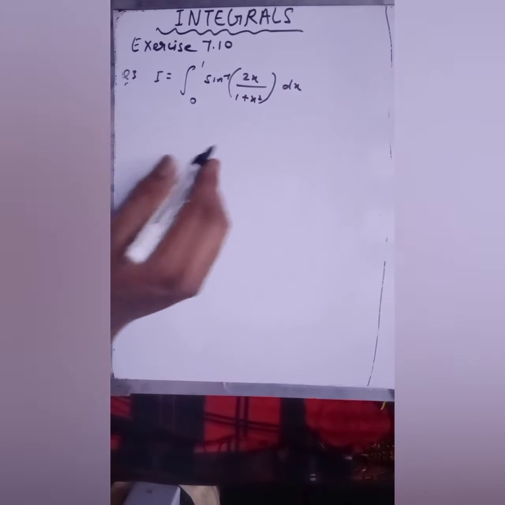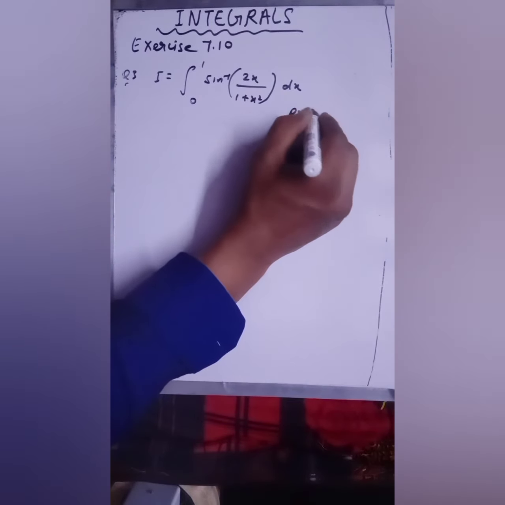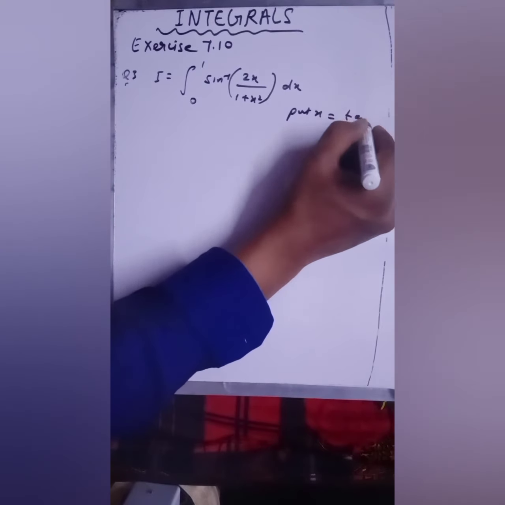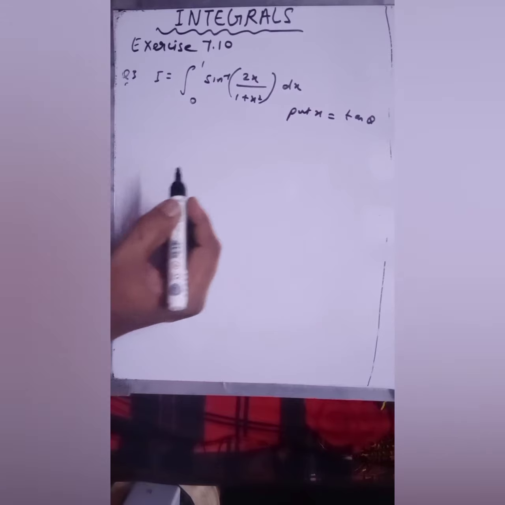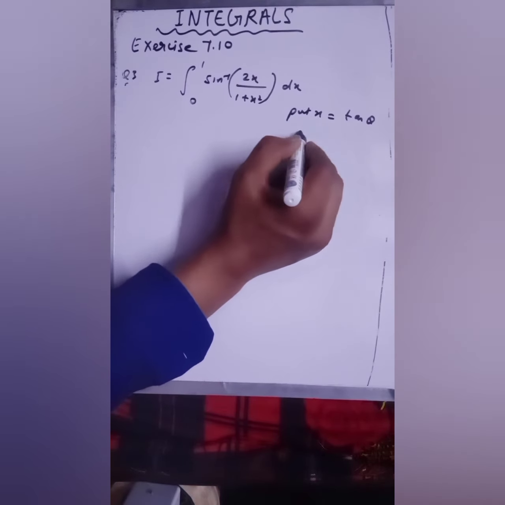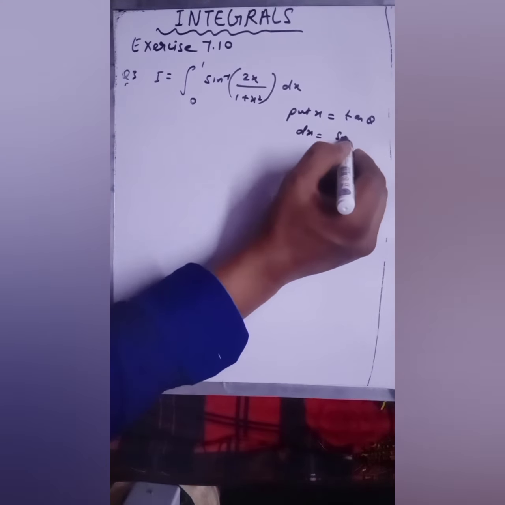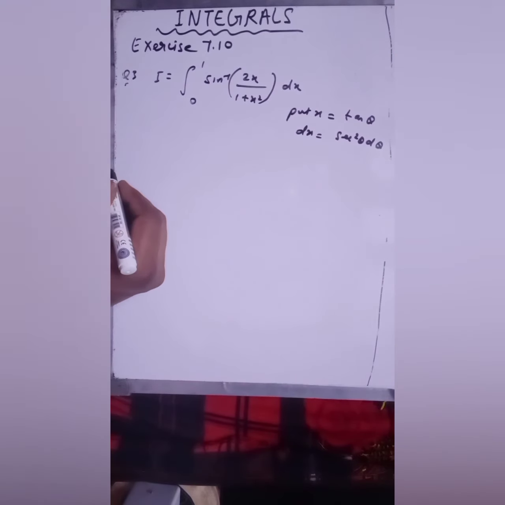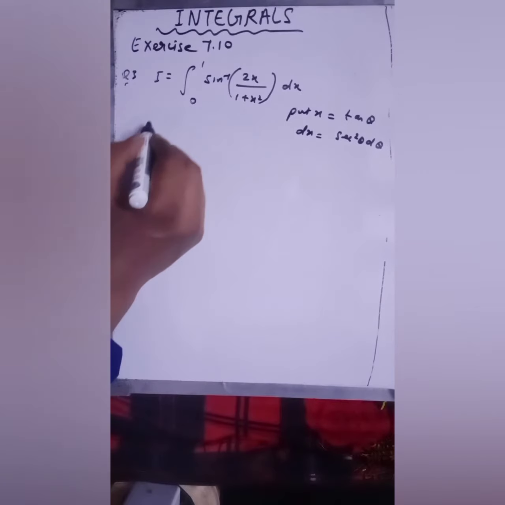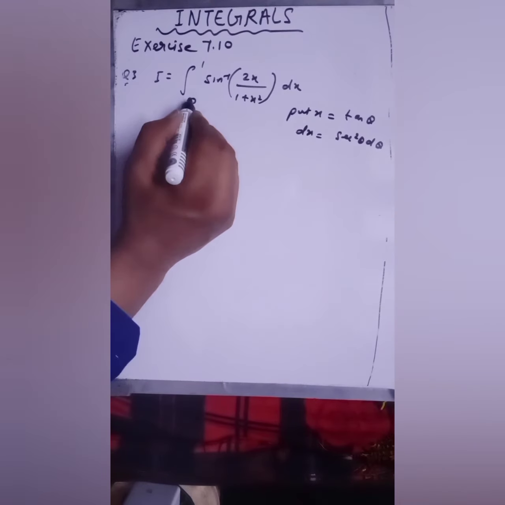So what you have to do, just put x is equal to tan theta. And differentiating both sides, you will get dx equals sec square theta d theta. Got it? So here we are changing the limit also.